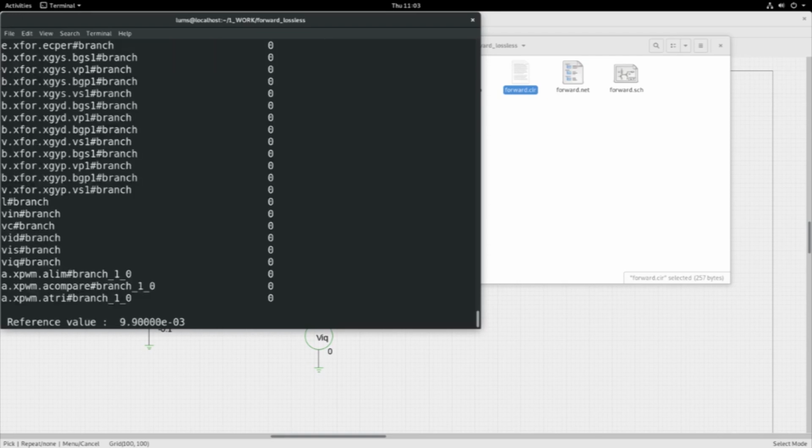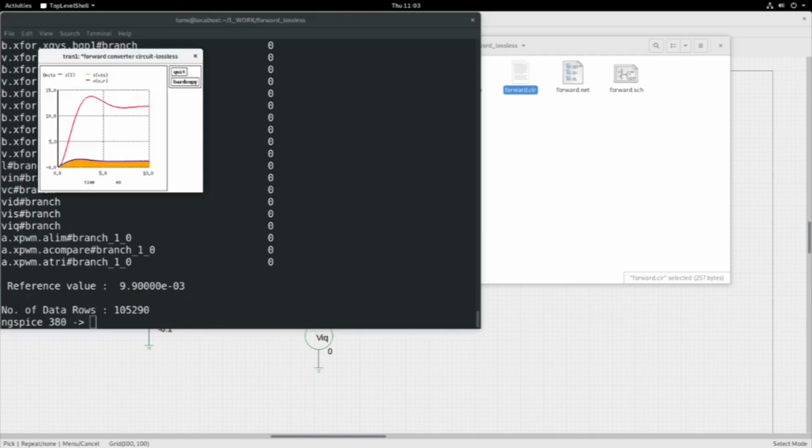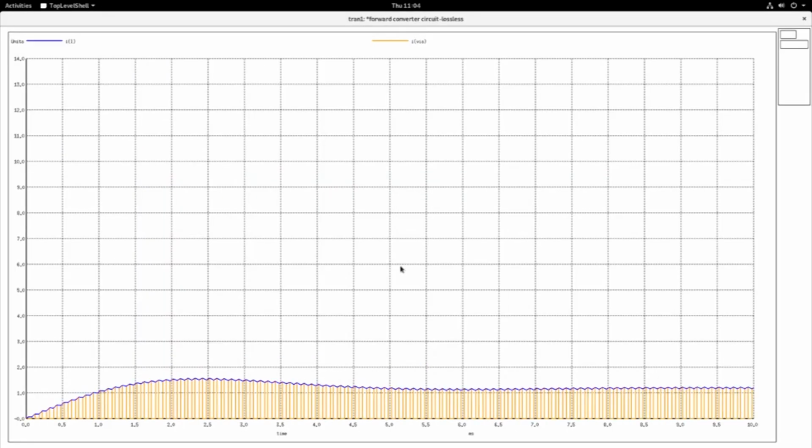See that the netlist has been generated, the simulation has run, and the display of the results is evident on the screen, very similar to the regular forward converter with the lossy flux reset. We saw this also. Similar waveforms.